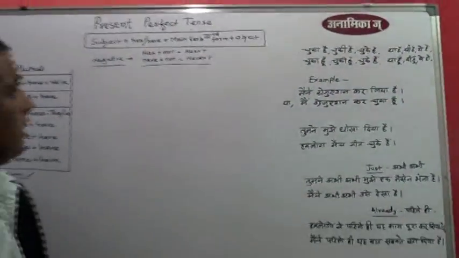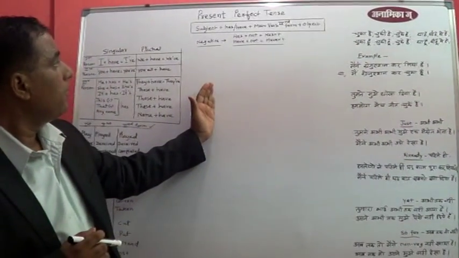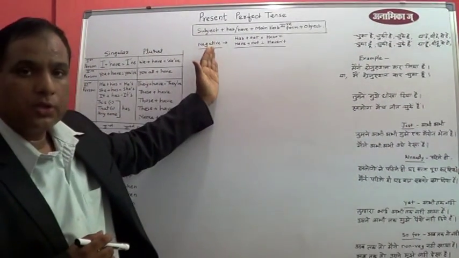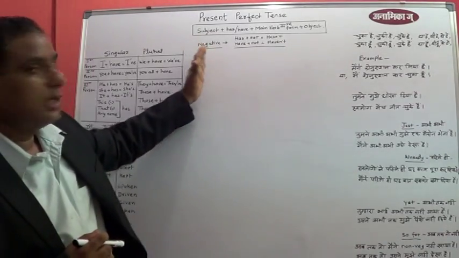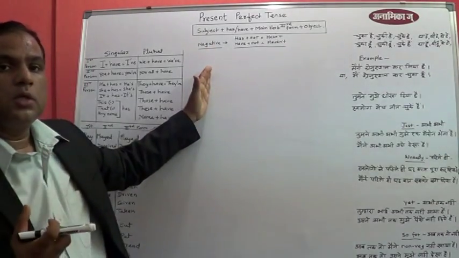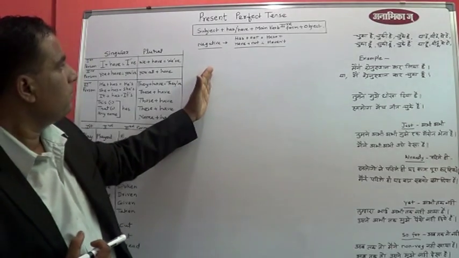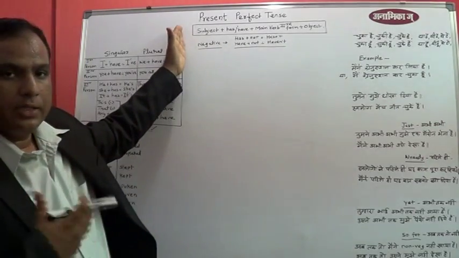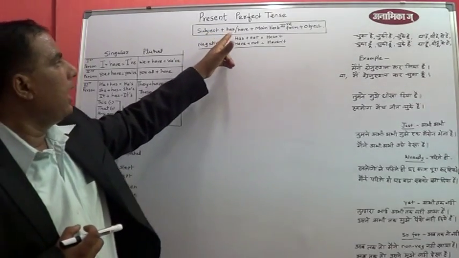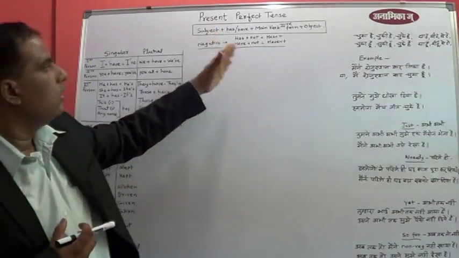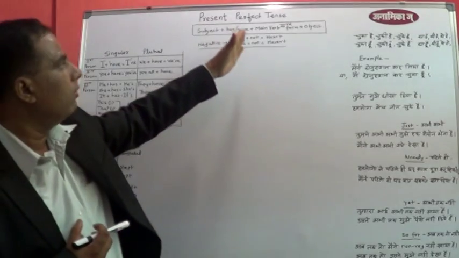Now let's see how the structure of this tense is framed, and that will give us an idea how to make sentences. तो शुरुआत as usual सब्जेक्ट से होगी, एंड यहां पे जो हेल्पिंग वर्ब है वो हैज या हैव होगा.